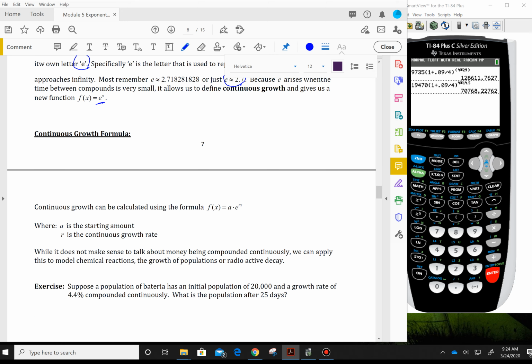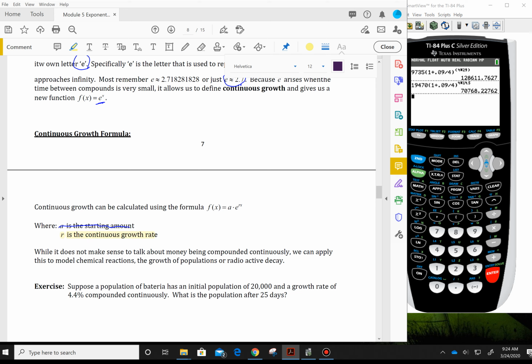Let us now look at the continuous growth formula. Continuous growth can be calculated using the formula f of x equals a times e raised to the rx, where a is the starting amount, and r is your continuous growth rate.